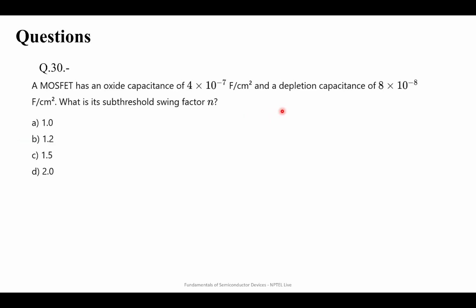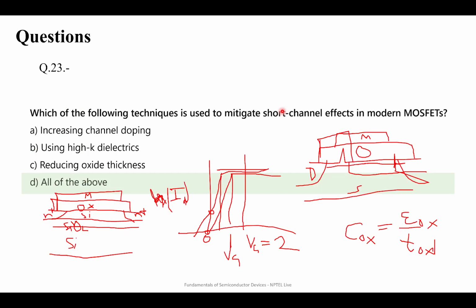So basically, in an N-channel MOSFET, my substrate is p-type. If I'm applying a negative bias to this substrate, it is affecting my MOS characteristics, and it will increase my threshold voltage. So that is also another way to mitigate the decrease in threshold voltage effect.